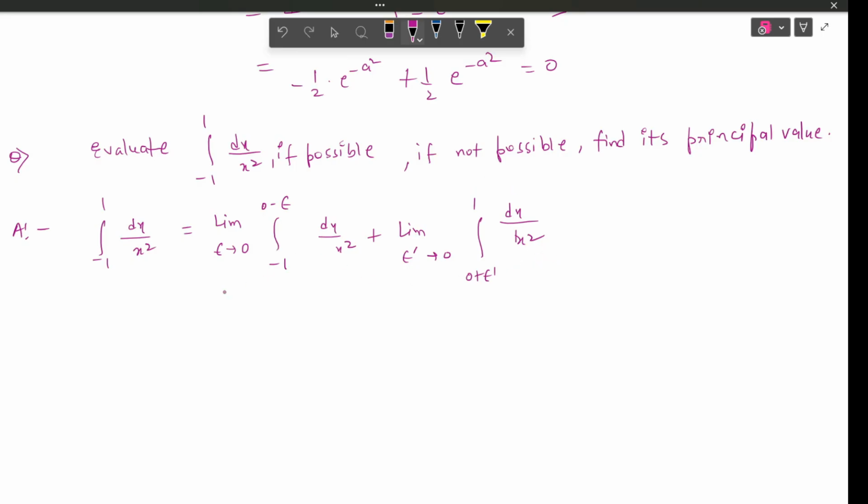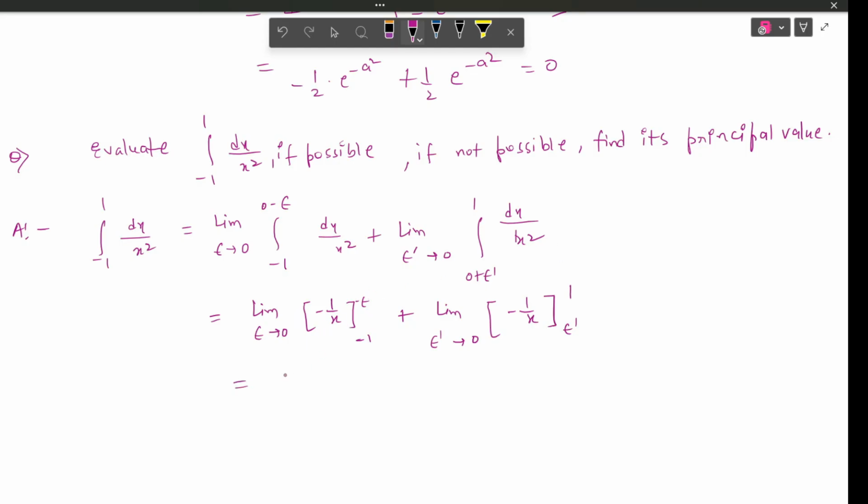Okay, so let's see, this is x to the power minus 2, so x to the power minus 2 plus 1 by minus 2 plus 1, so this would be minus 1 by x. So you can say limit epsilon tends to 0 of minus 1 by x from minus 1 to minus epsilon, plus limit epsilon prime tends to 0 of minus 1 by x from epsilon prime to 1.